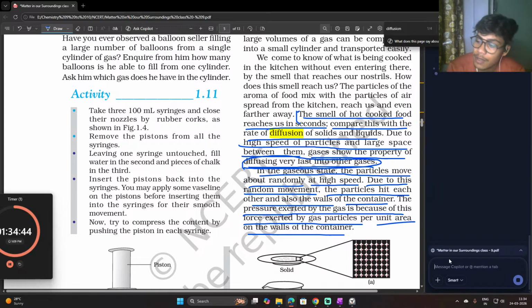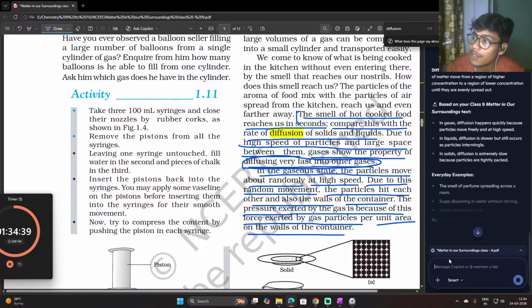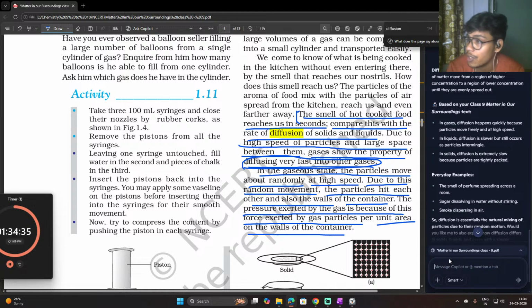What diffusion means: diffusion is the process by which particles of matter move from a region of higher concentration to a region of lower concentration until they are evenly spread out. You are getting it? So it's the main thing.